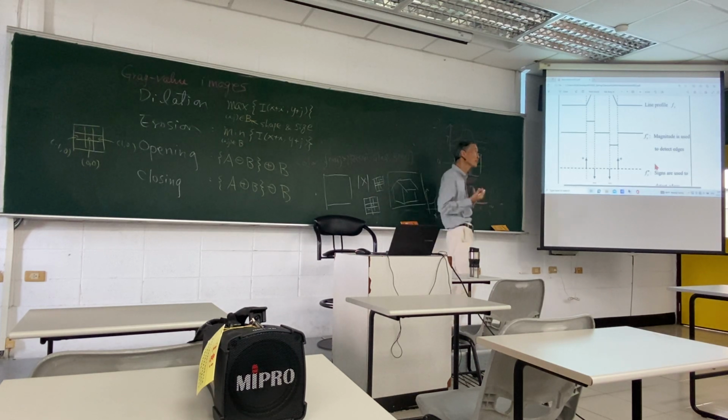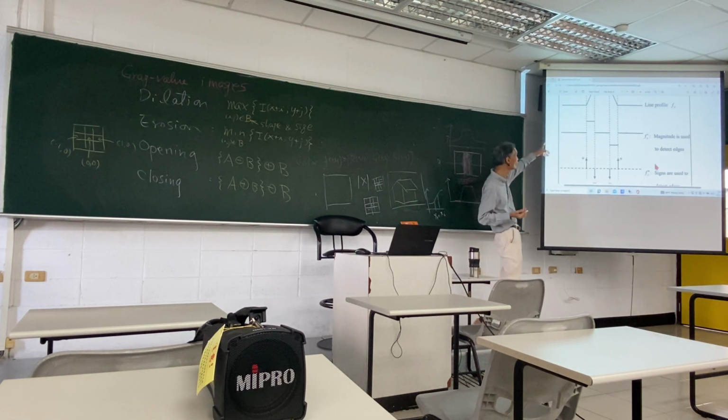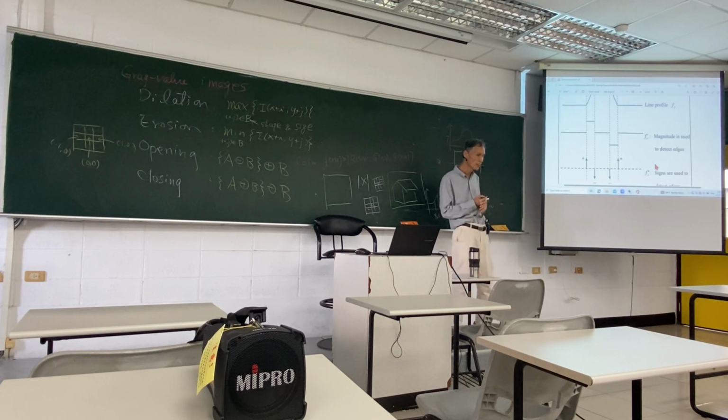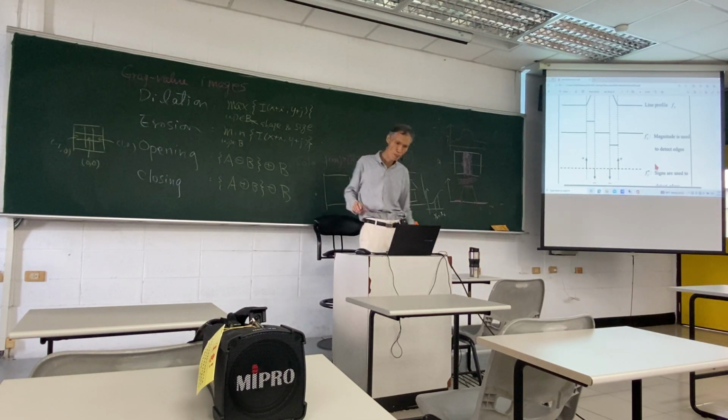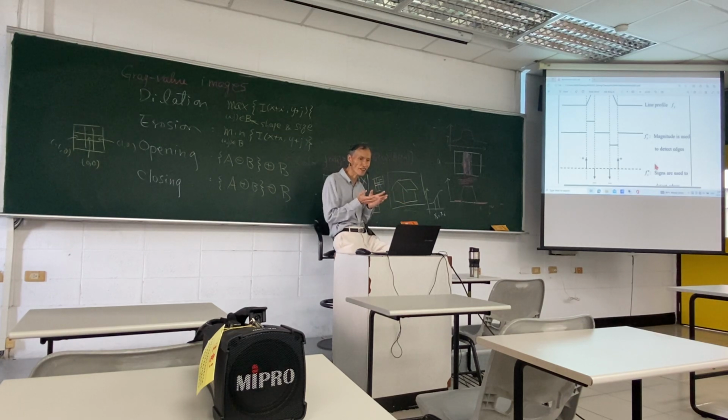So for real application, usually we simply go for the first derivative. If you need to use the second derivative, which is based on Laplacian, we still apply the magnitude. We don't actually look for the sign. Okay, so that's the basic theory.